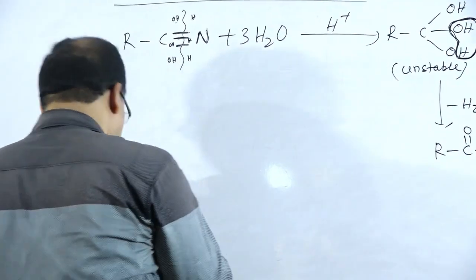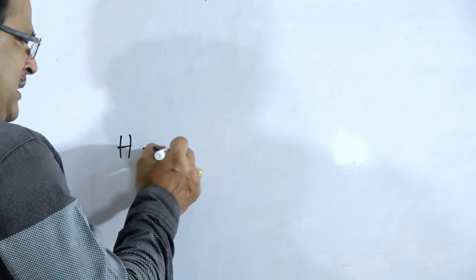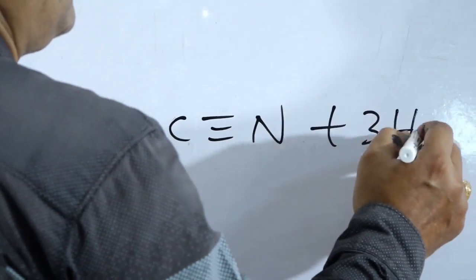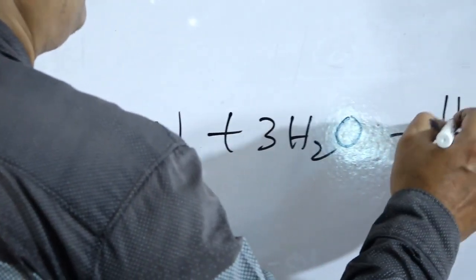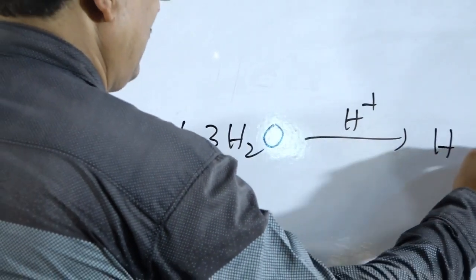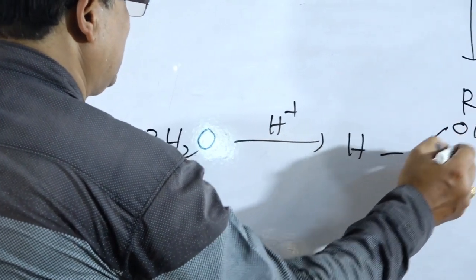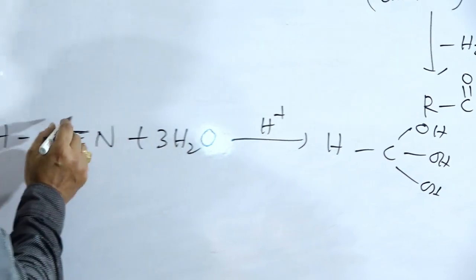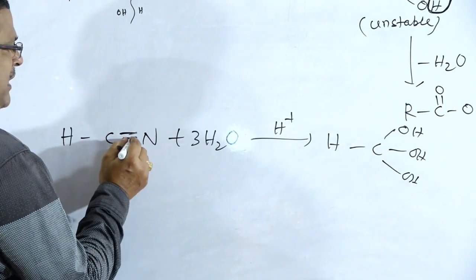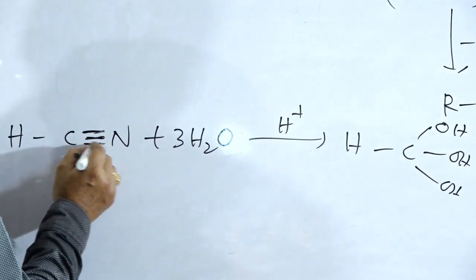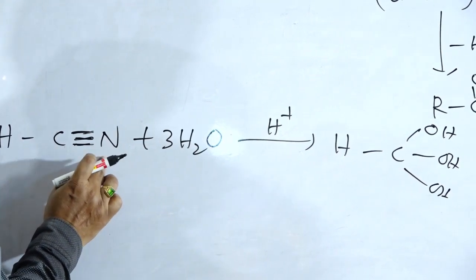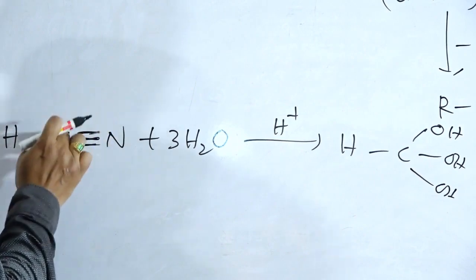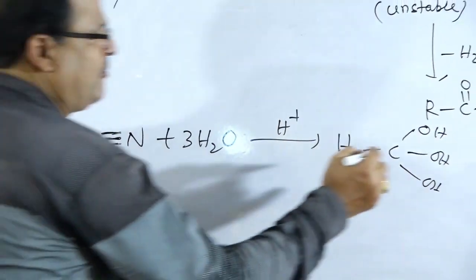For example, H-C triple bond N plus 3 water, there is the formation of an unstable compound. The bond will break by the addition of OH and H, another bond will break by the addition of OH and H, another bond will break by the addition of OH and H. So there is the formation of HC(OH)3 and NH3.